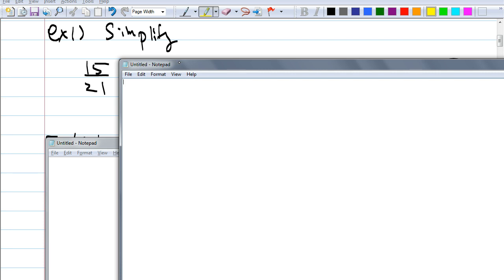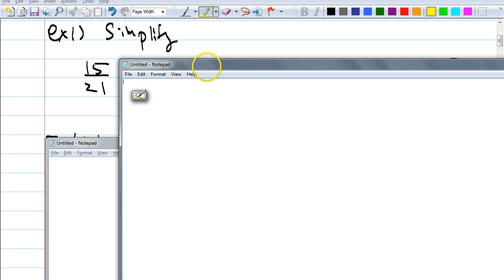So, knowing that rule that we just learned, is there a way to do that by separating this into two fractions? Yeah, Sarah. You're right. 5 times, what's 15? 5 times 3, over, what's 21? 7 times 3.